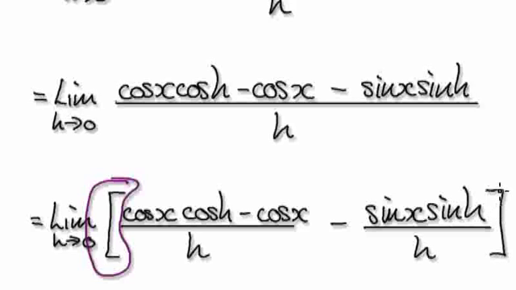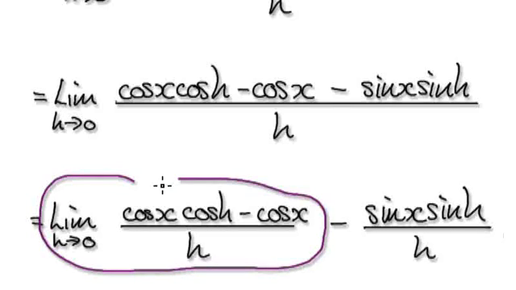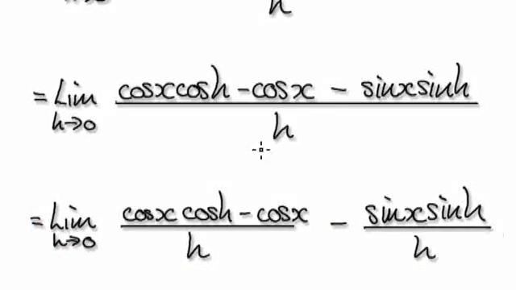Otherwise, if you don't have these square brackets here, it will look like this, and people looking at this will think, oh, you're just taking the limit of this, and then this is something separate. So the minute you break up this fraction here, you've got to have these square brackets.